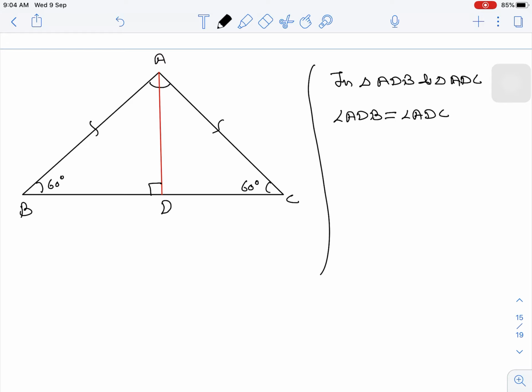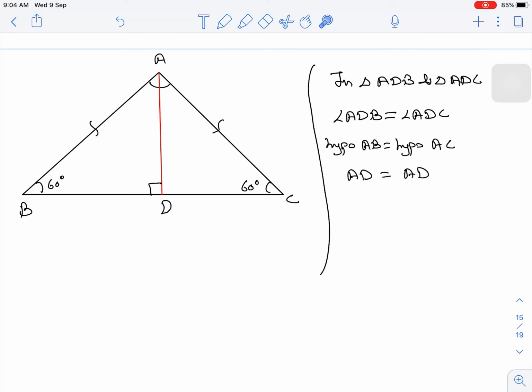Then next, what do we have? This one is the hypotenuse and this is also the hypotenuse of the other triangle, so both hypotenuses are equal. So we can write hypotenuse AB is equal to hypotenuse AC. Next, AD is a common side, so we can write side AD is equal to side AD.